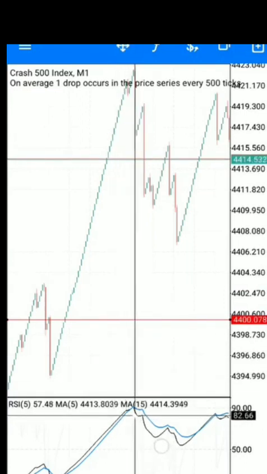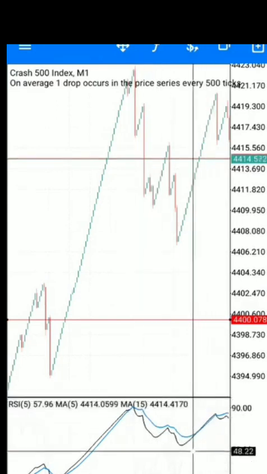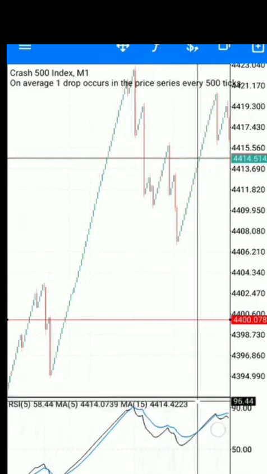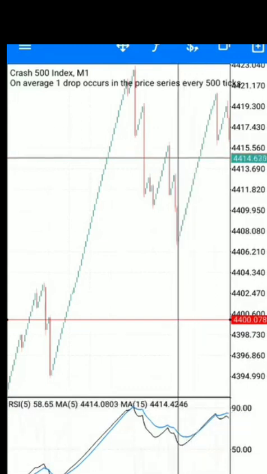Once the RSI gets to the 90 level, 90 level is overbought. From 90 above is overbought, and from 10 below is the oversold level. What happens at the overbought level is that the market is ready to sell. What happens at the oversold level is that the market is ready to buy.